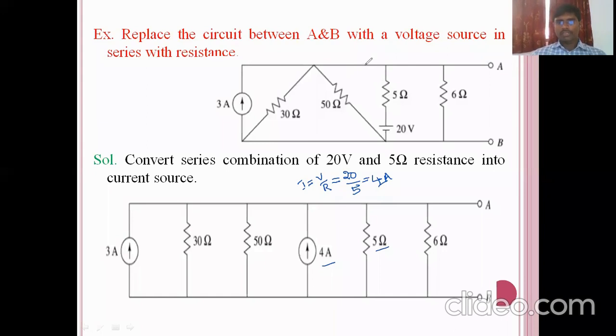So after 50 and before 6, between these two you have to connect these 4 amps and 5 ohm. Now it seems to be a parallel circuit where 30, 50, 5 and 6 ohm are all in parallel, and the 3 amp and 4 amp sources are also in parallel. So 3 is entering into this node. This is the common node.